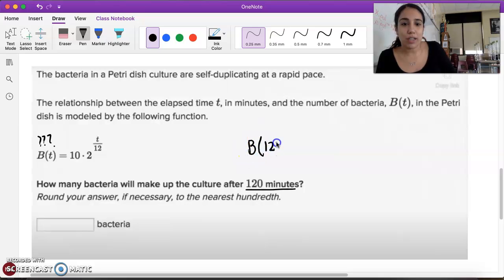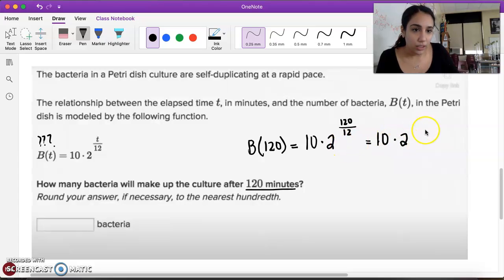This is given. So literally, watch this. B of 120 equals 10 times 2 to the 120 over 12, which means it's 10 times 2 to the power of 120 over 12, which is 10.